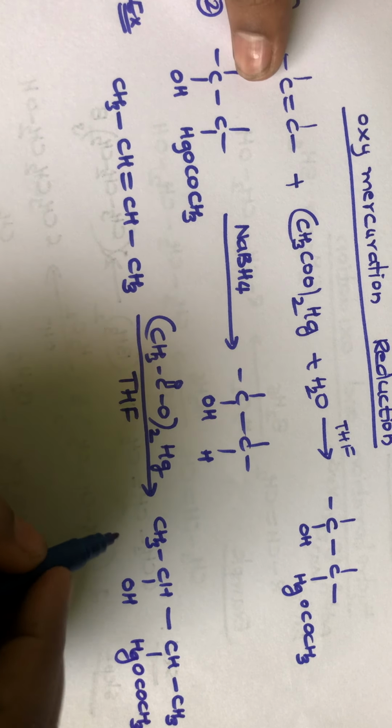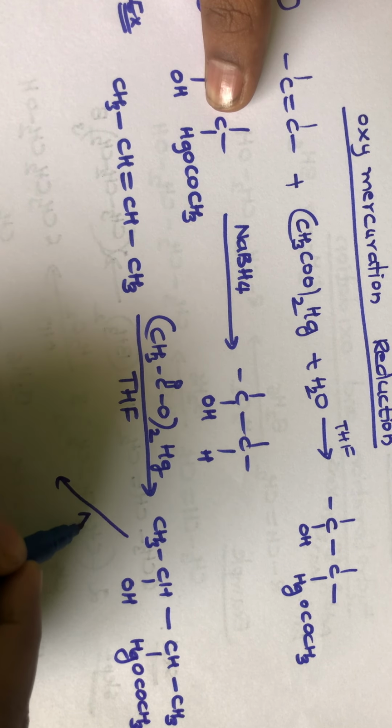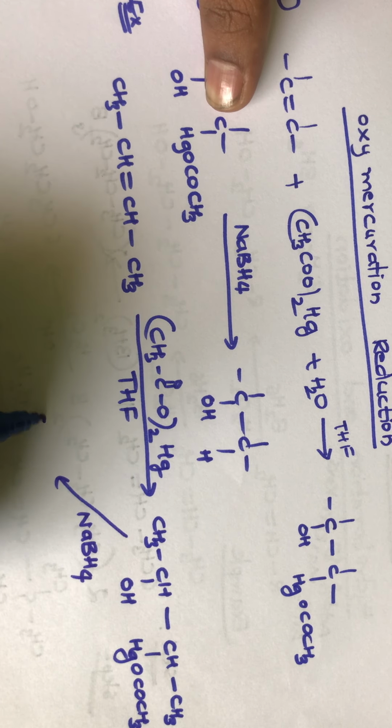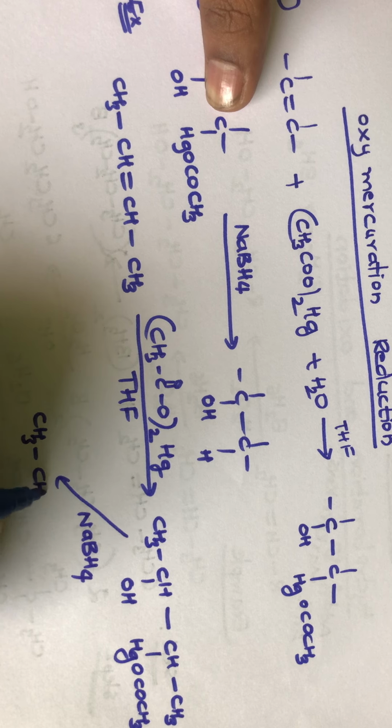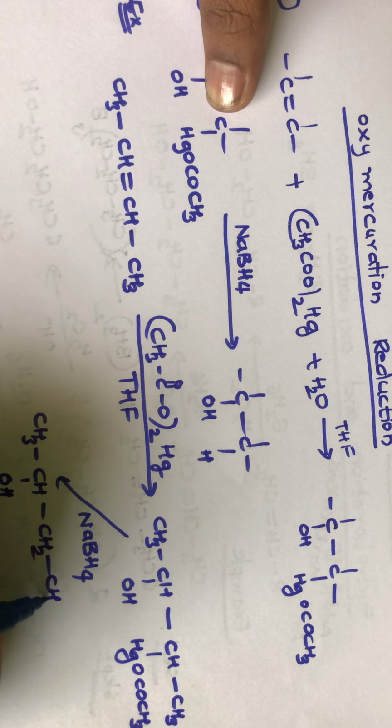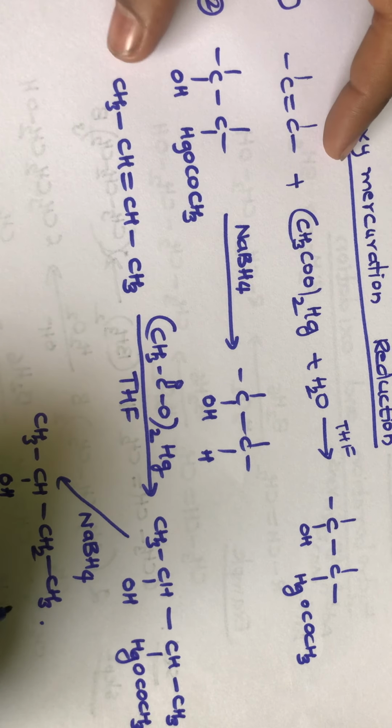Okay, this compound when treated with NaBH4, demercuration takes place. You get this compound, 2-butanol.